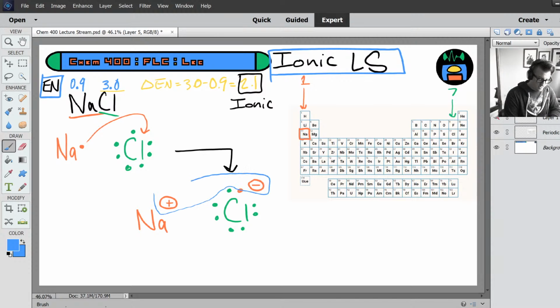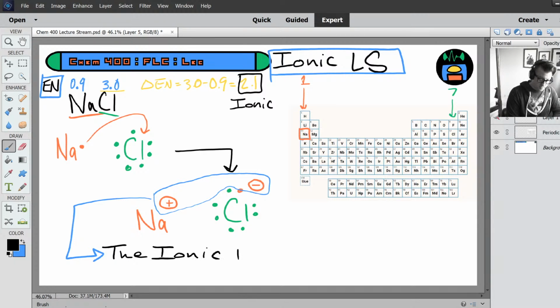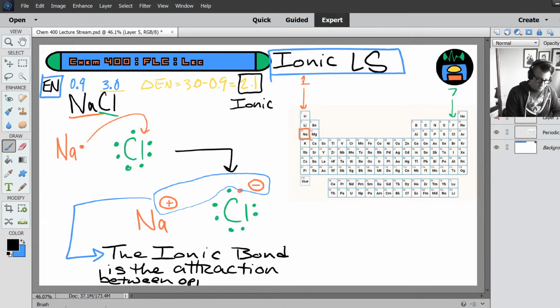The ionic bond is actually the attraction between the positive and negative charges of the 2 ions. The ionic bond is the attraction between opposite charges.